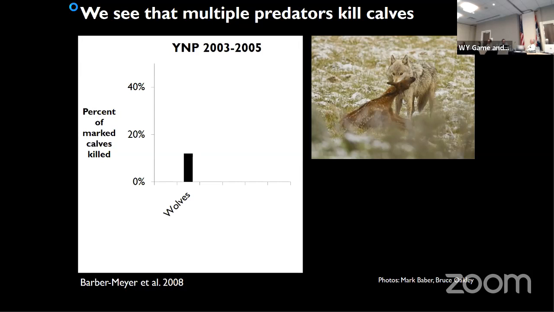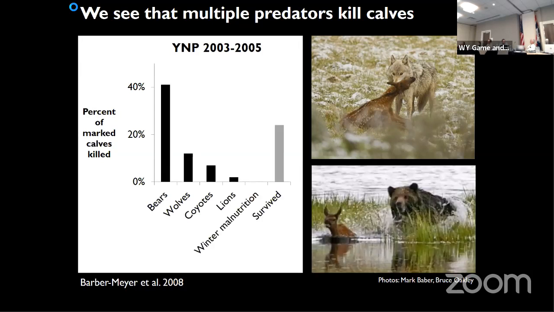The studies conducted on elk calf mortality showed about a 4-fold increase in the level of bear predation mortality in these areas since work that was done 20 years or so earlier. And so this is a multiple predator system that's driving a significant portion of the decline of these calf-cow ratios, with bears doing a lot of that.